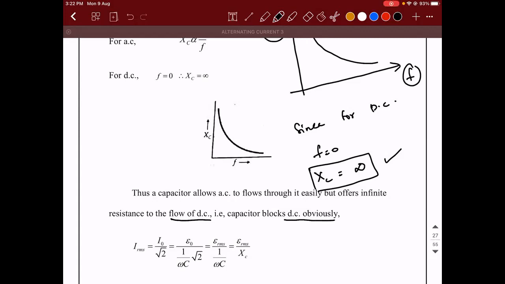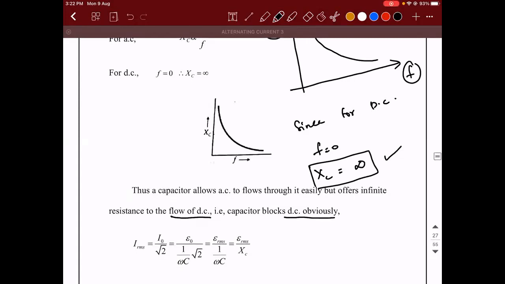A capacitor does not allow DC to pass through it; rather, it allows only AC to pass through it. Please make a note of this point. Capacitor blocks DC.